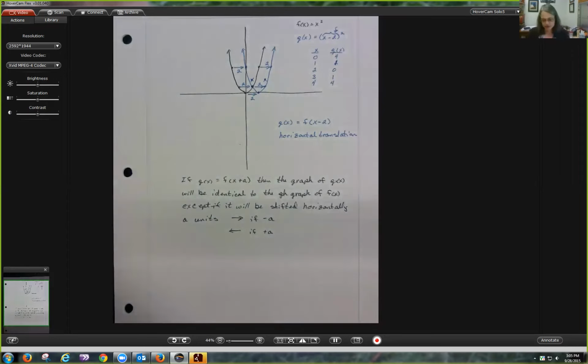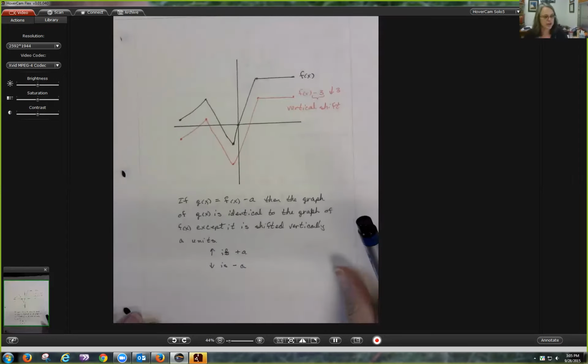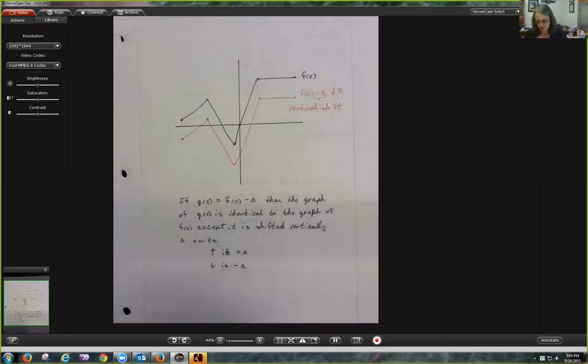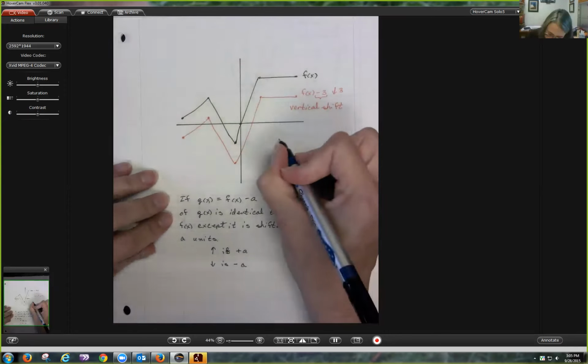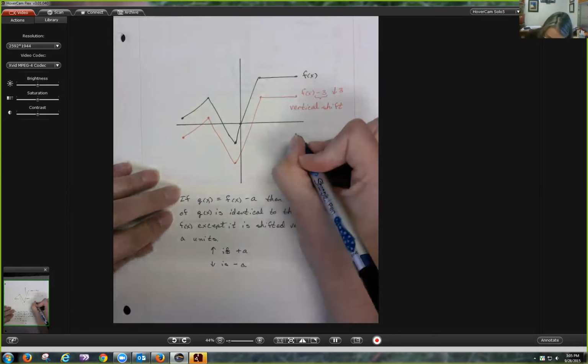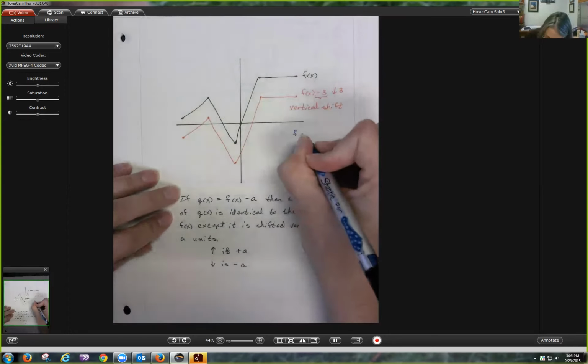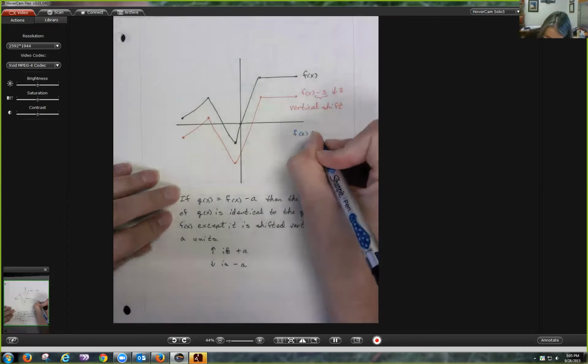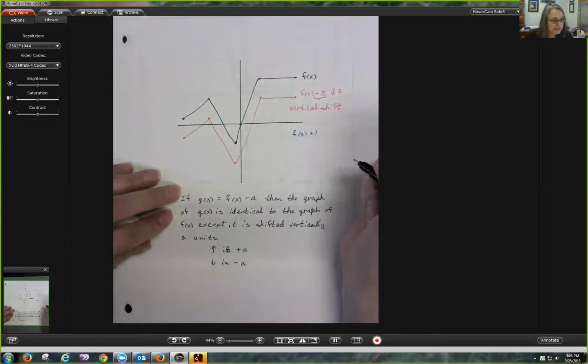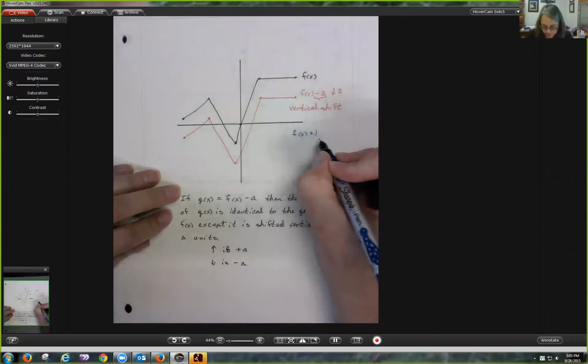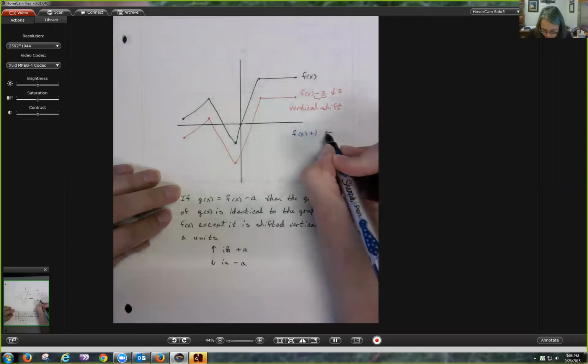So let's go back over here to this example where I've got this random f of x. I did the vertical translation in red. Let's figure out what f of x plus 1 would look like. And we'll do that in blue. Now this plus 1 means we are going to do a horizontal shift.